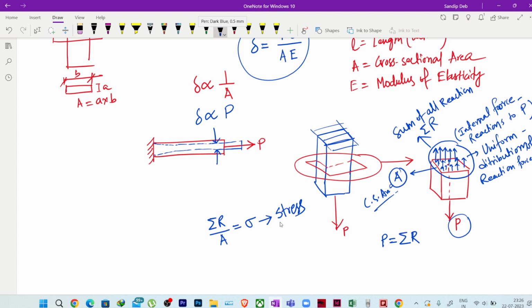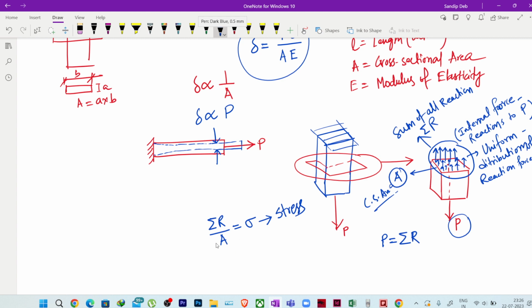So whenever we apply some force on an object, whether it is along the axis or maybe with some eccentricity, there will be some uniform or non-uniform distribution of reaction forces at any section of the object. If we create a cross section, you will see some uniform or non-uniform distribution of the forces. The total amount of force, reaction force, distributed over the cross-sectional area, what is the total amount of force per unit area?